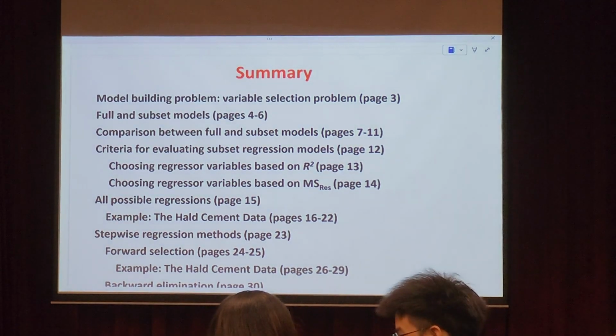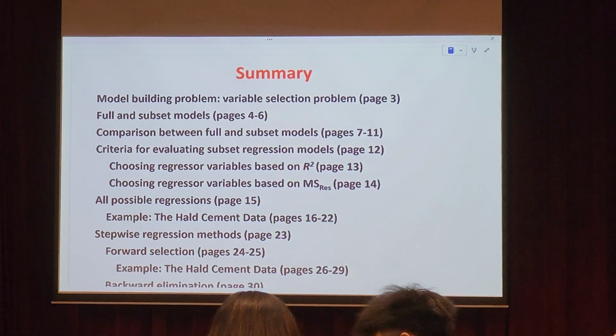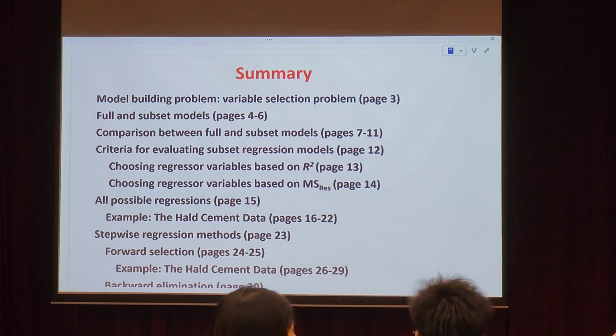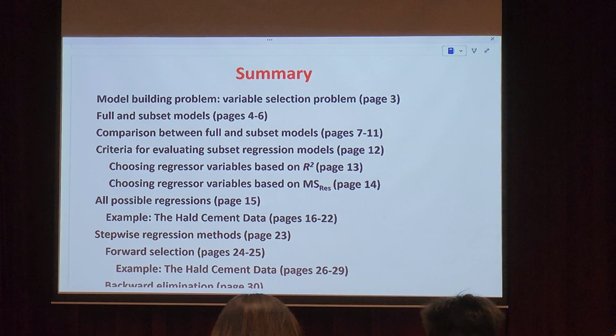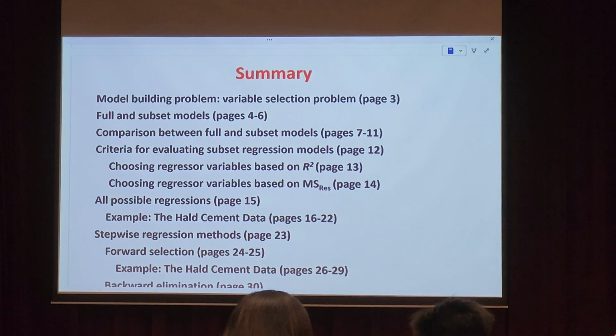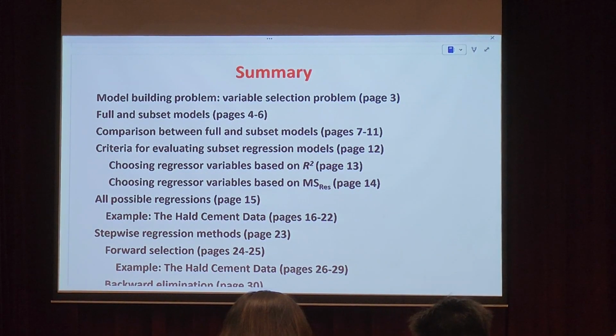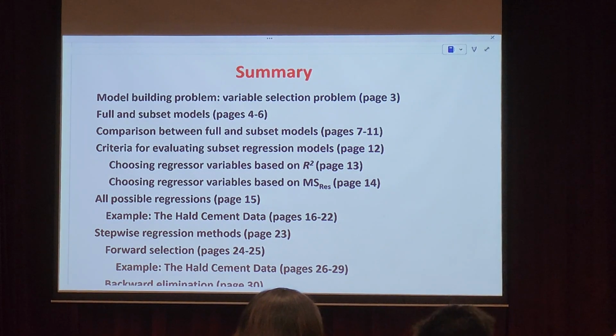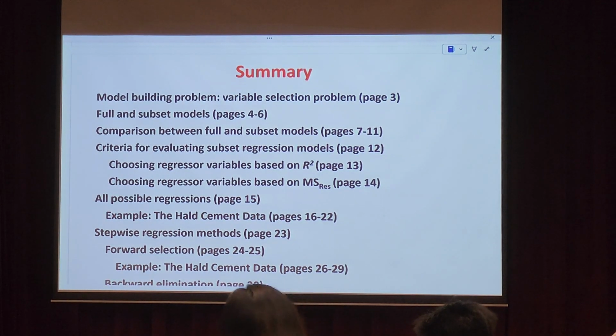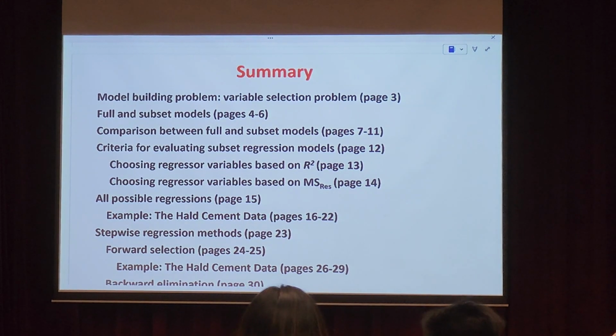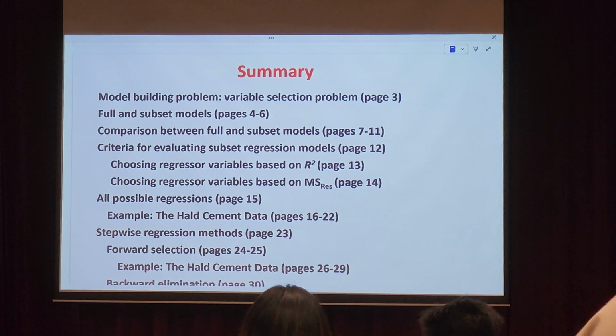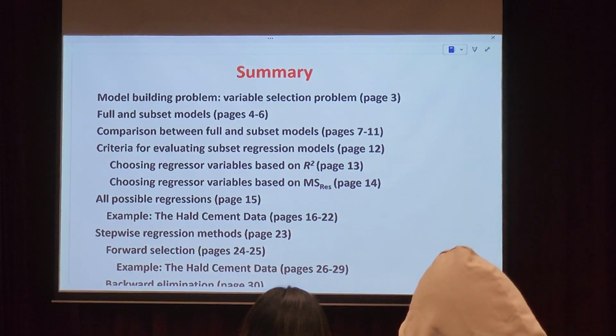The smaller the number of regressor variables, the smaller is the variance. So we want to have a small model, as small as possible, but then include all the useful ones. So I think that's what I'm interested in full and subset models, and in the comparison.